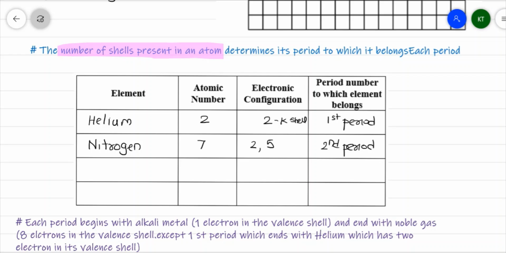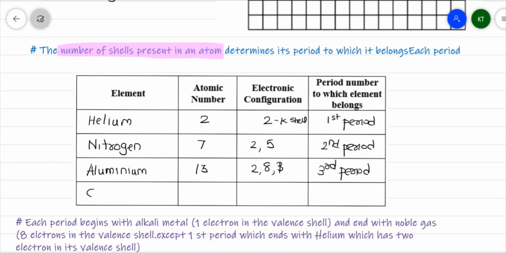Let me take aluminium. Aluminium has atomic number 13, and the electronic configuration becomes 2, 8, 3. Now it has 3 shells, K shell, L shell, and M shell. As it has 3 shells, aluminium belongs to the third period of the modern periodic table.